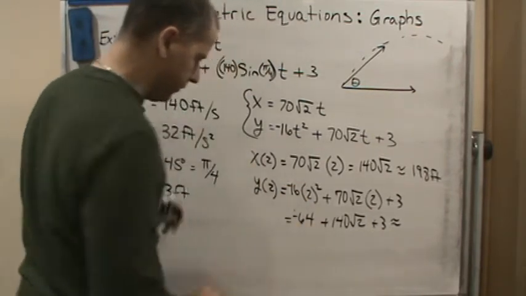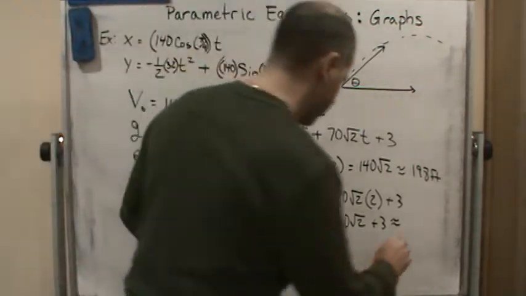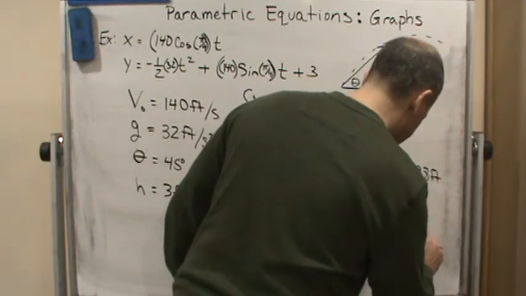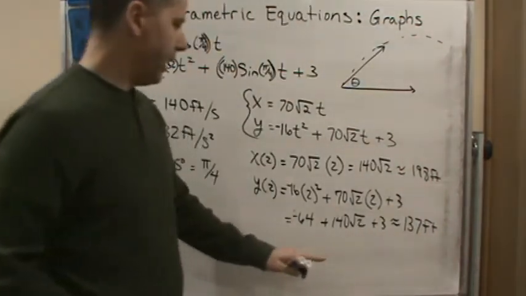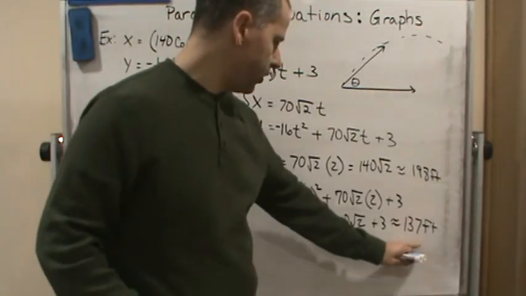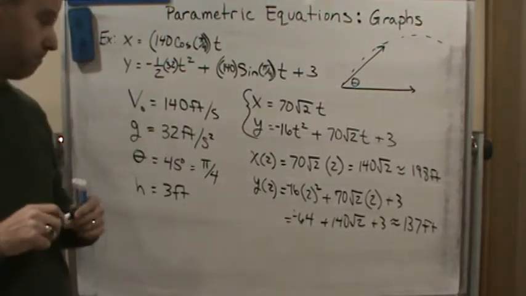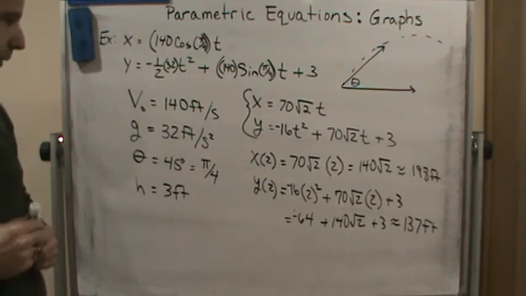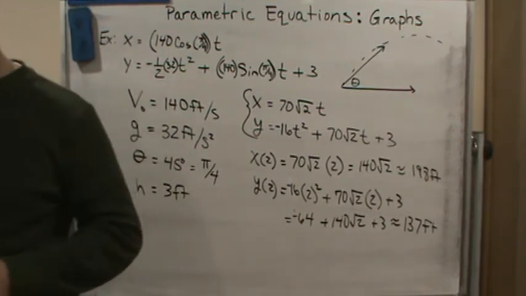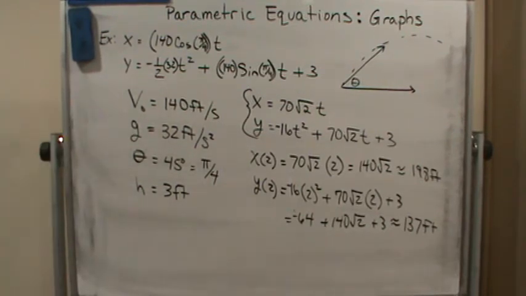So this is negative 64. So that's going to be approximately 137 feet. So basically what this is saying, it's 137 feet above the ground. Okay? So the ball is 137 feet above the ground and 198 feet from the batter, or at the time that the bat struck the ball.